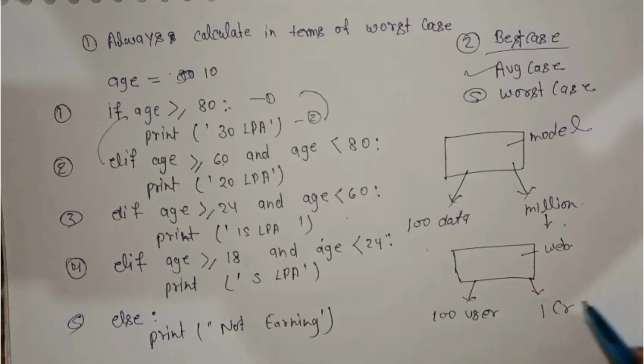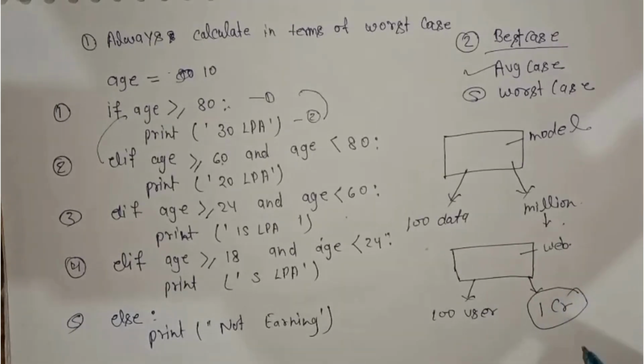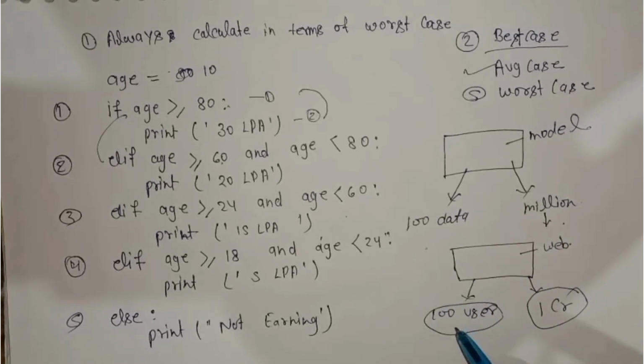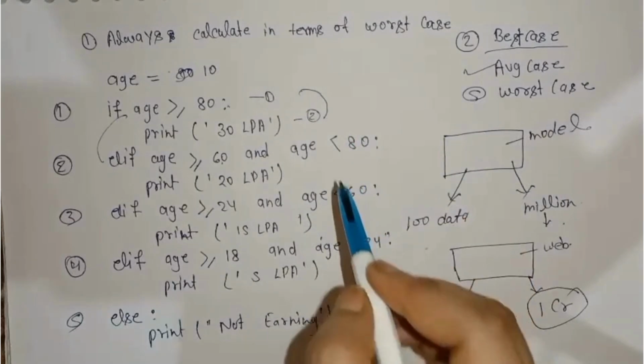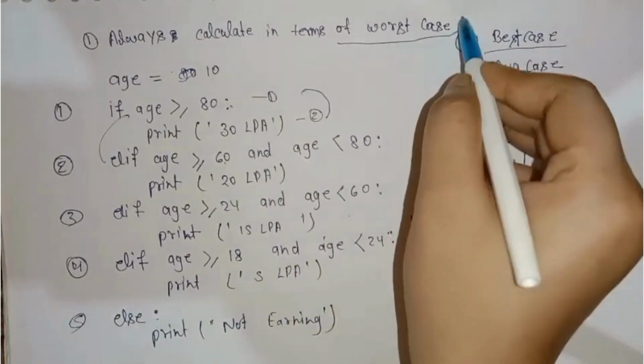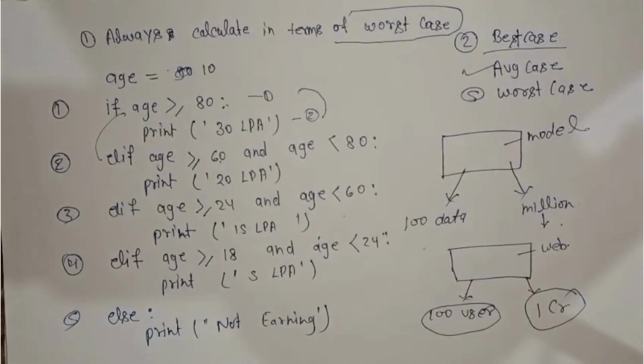So what is the worst case? 1 crore. If your website will run for 1 crore users, then your code always runs smoothly for 100 users. So now I think you understand why we always calculate in the worst case.